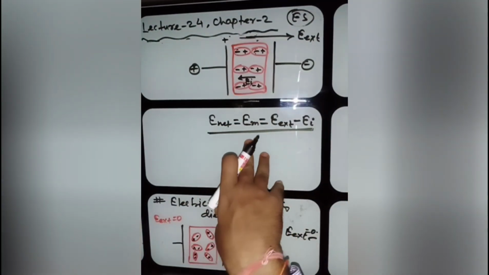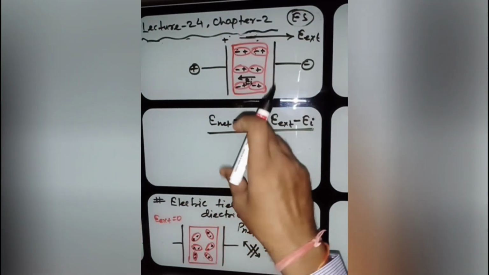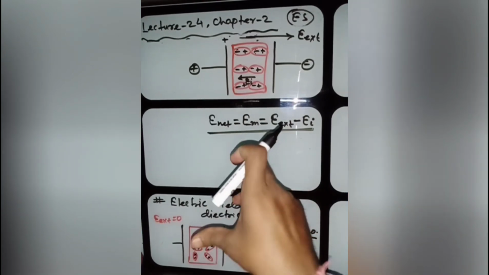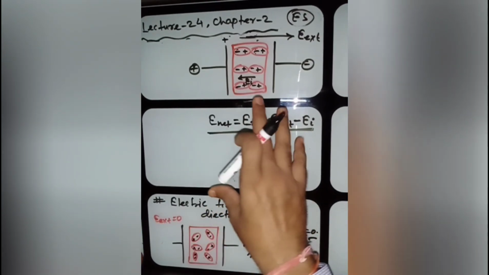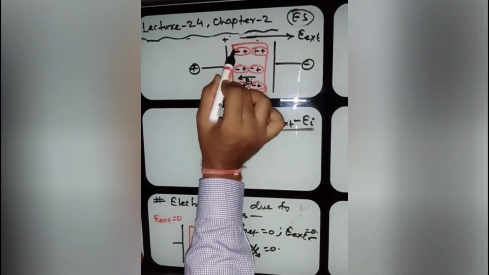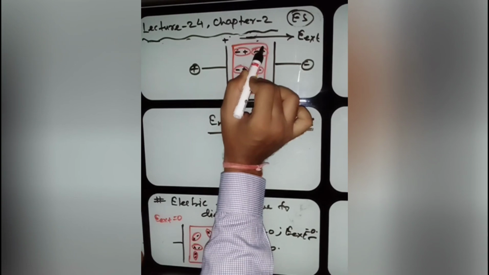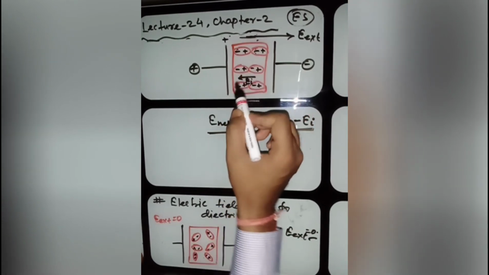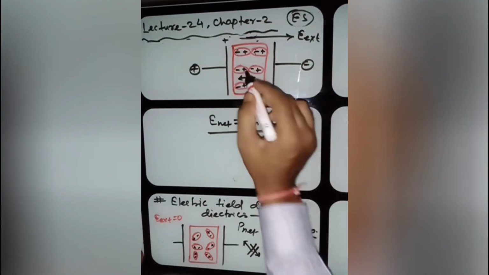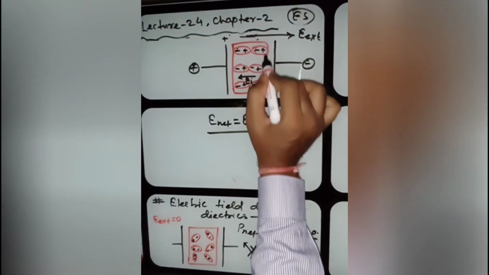This will give you a very interesting formula for the induced charge. What will be the charge induced? As you apply the electric field, here negative charge is induced and here positive. Otherwise you had no idea whether positive or negative charge is induced here.